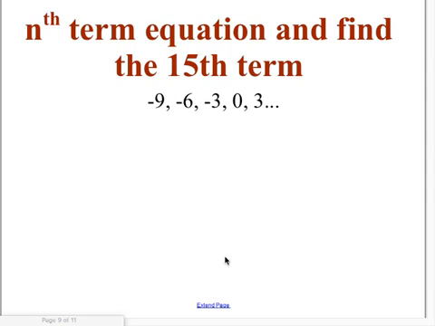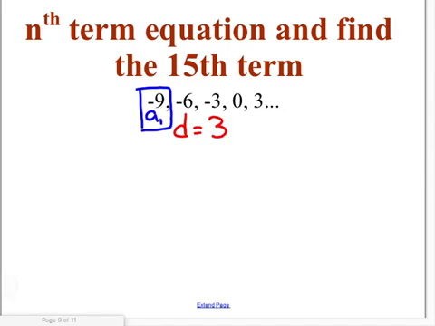Putting that into practice, we want to write the equation and then find the 15th term. We've already said a couple times that our difference is 3. Our first term, our A1 value, is this negative 9. It's the first number that they give us. So first it wants us to write the nth term equation.